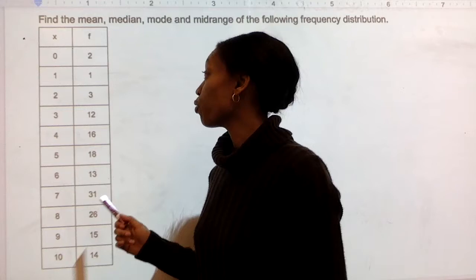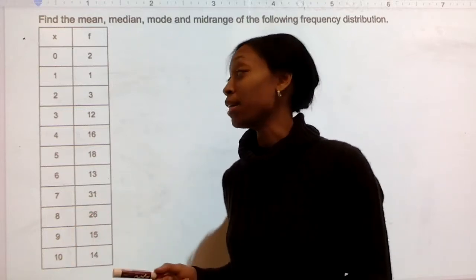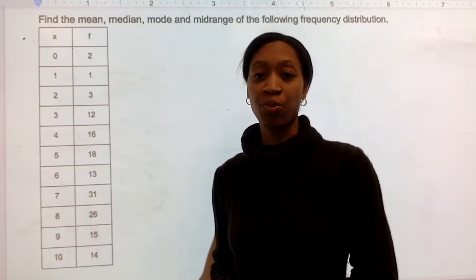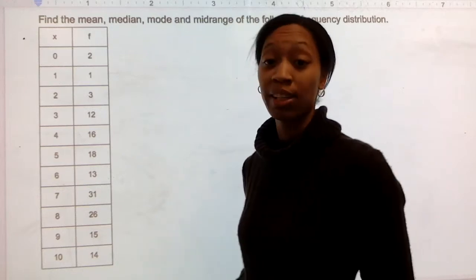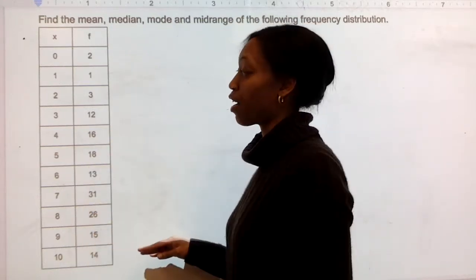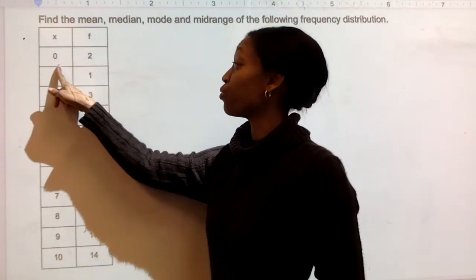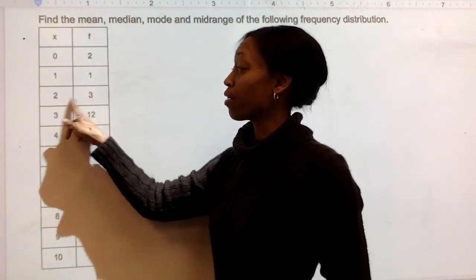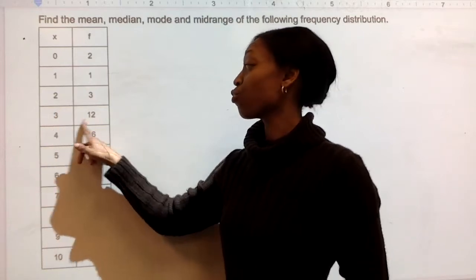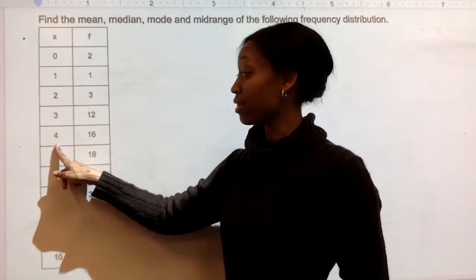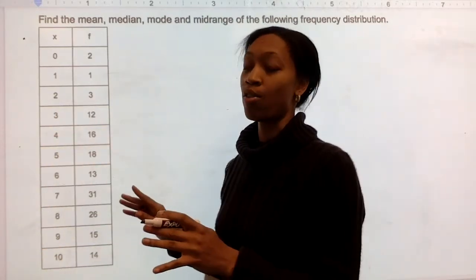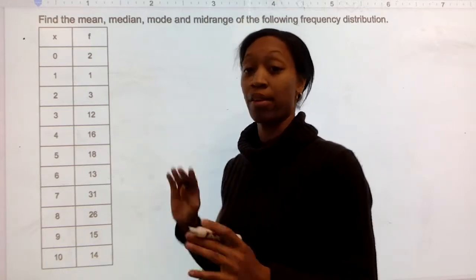Okay, so first of all, note that you could find the mean the old-fashioned way, which is to say that you could actually add up each value individually. This means that there are 2 zeros, 1 one, 3 twos, 12 threes, etc. So you can add them all up and then divide by the total.